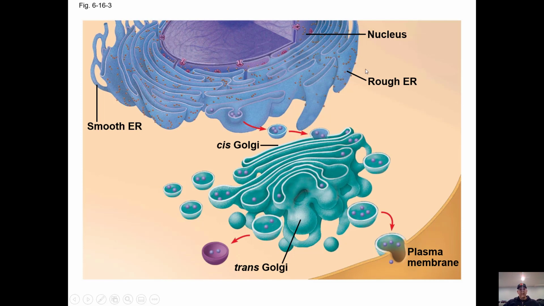And then from the rough ER, what's called a vesicle kind of pouches off of the rough ER, and then it travels to a structure called the Golgi apparatus, which you can see here that I'm circling.